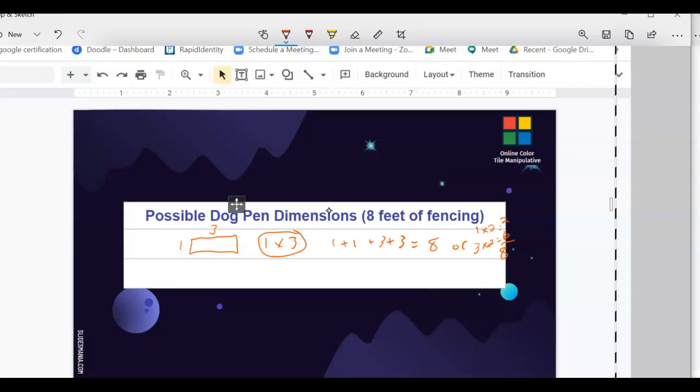The width for mine would be 1. The length would be 3. So if I add up all those sides, I can do 1 plus 1 plus 3 plus 3, and that total will be 8. Or I can say 1 times 2 is 2, 3 times 2 is 6, and then I add those, I'll get the same answer. So one possible solution is going to be 1 by 3.